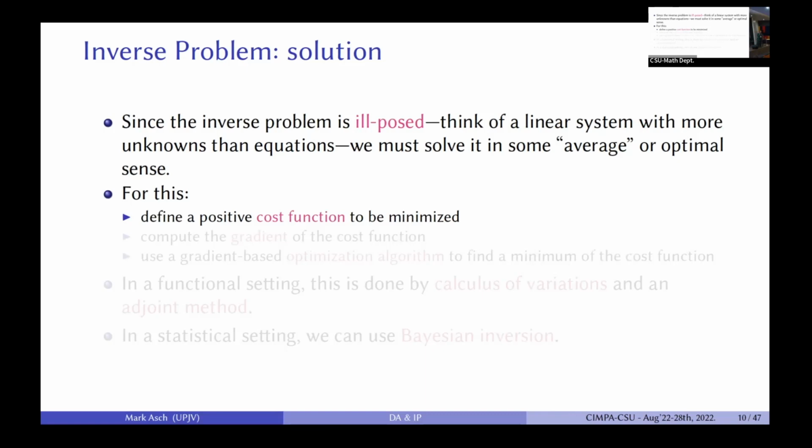What will be the loss or the error? The error will be the difference between the model prediction and the measurements, the observations. So I can define a positive valued cost function, and because I want my model predictions to be as close as possible to the observations, if I minimize the cost function, I will get an optimal solution.